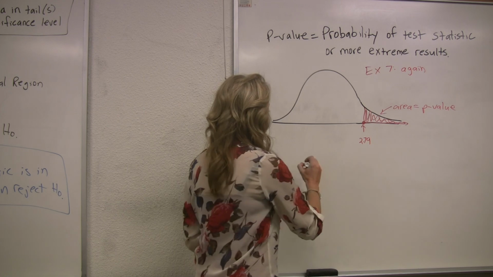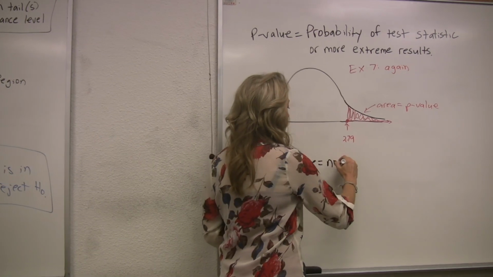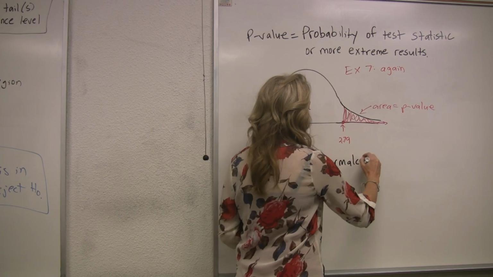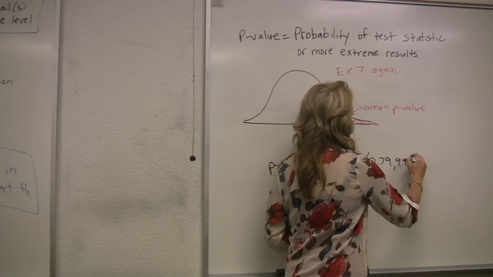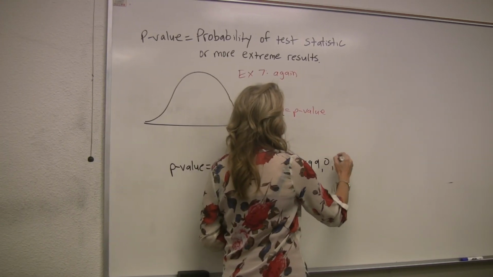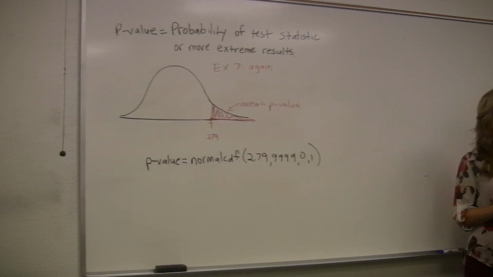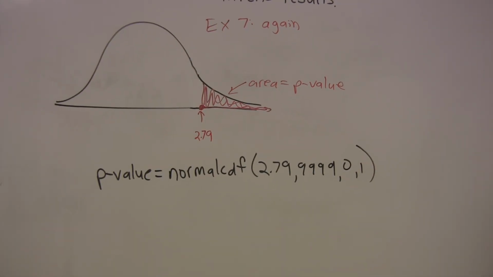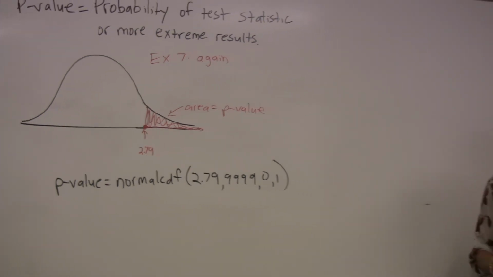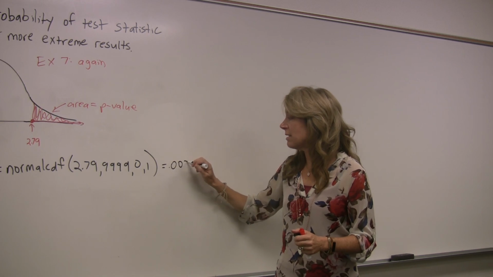So my p-value is going to be normal CDF, 2.79, 9999, 0 and 1. That's why you had to have chapter 6 down to go on. It's 0.0026.